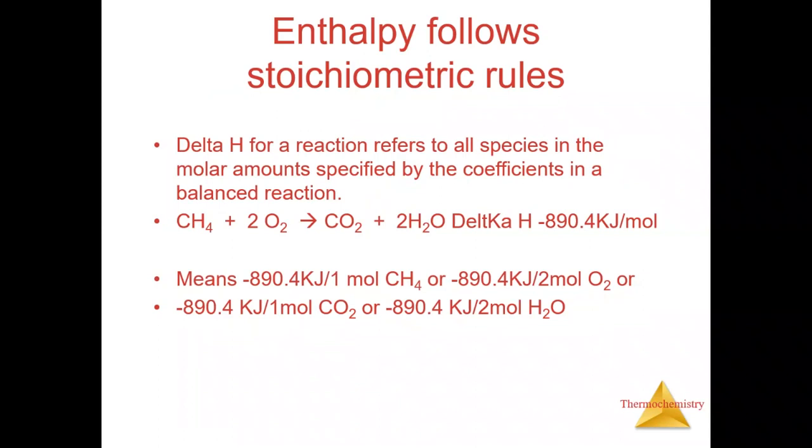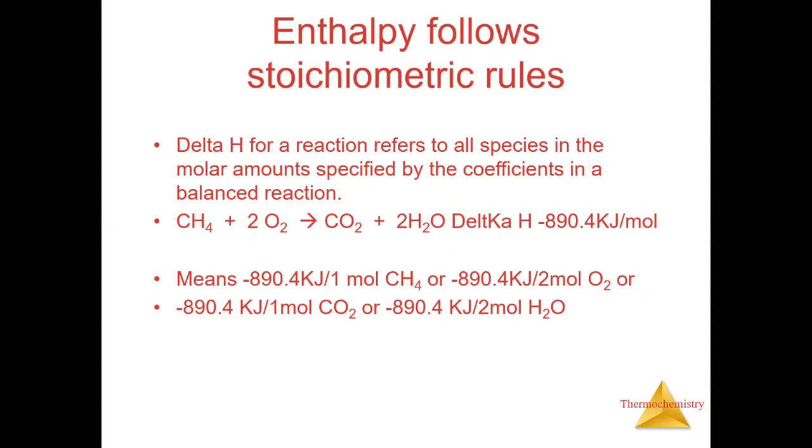So if I have 1 mole of methane, that means I'm going to make 890.4 kilojoules of energy. If I have only 1 mole of oxygen, then I have to divide that by 2 because I don't have enough oxygen. Does that make sense to you?